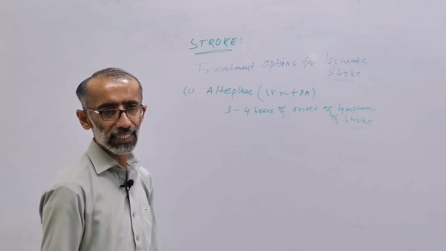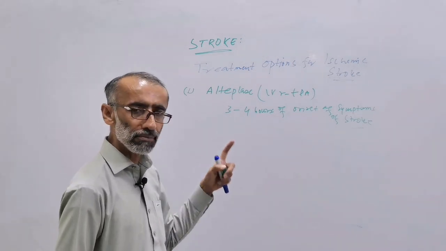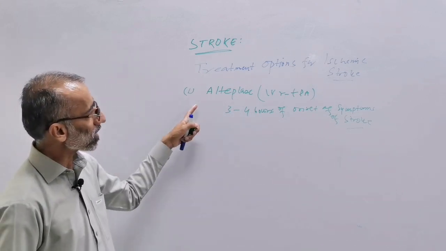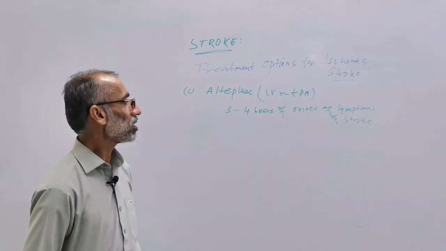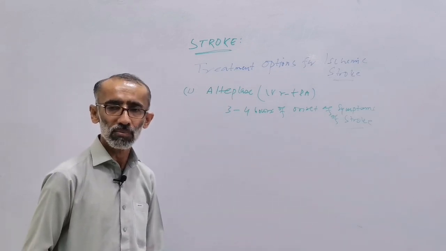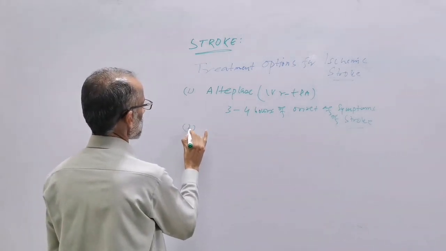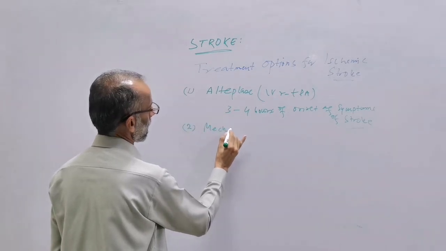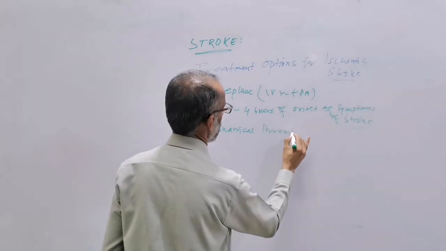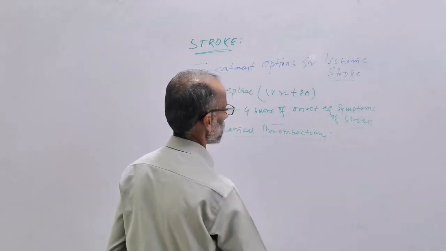So, when you get any patient with sign and symptom of stroke, you have to call the emergency medical services, because the alteplase must be given within 3 to 4 hours of onset of symptoms of stroke to be more effective. The second is the mechanical thrombectomy.